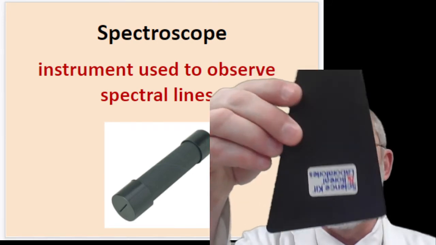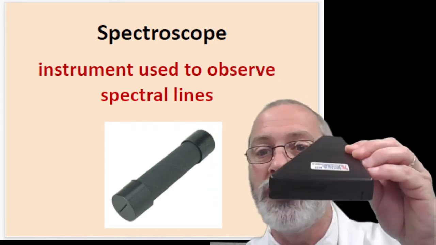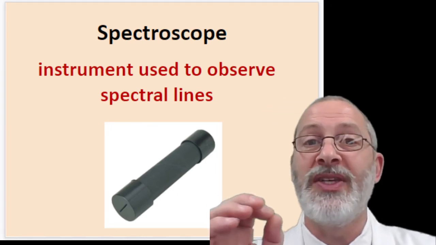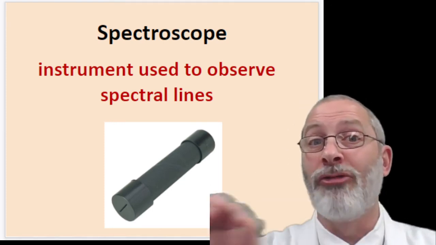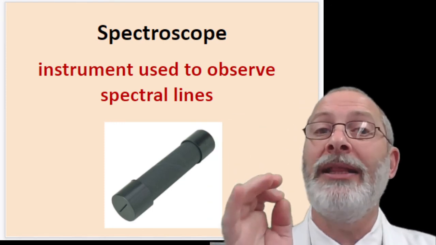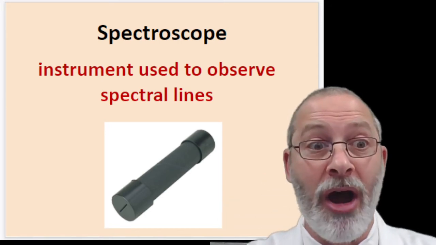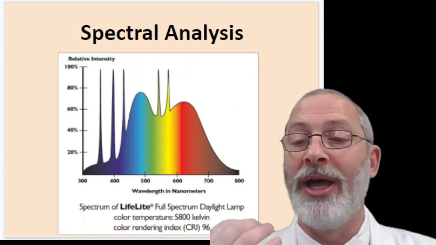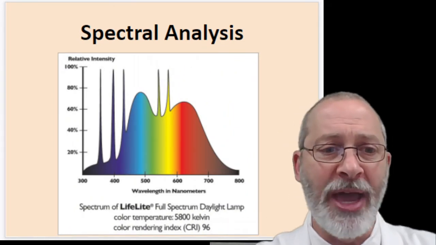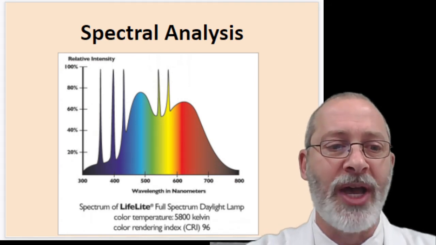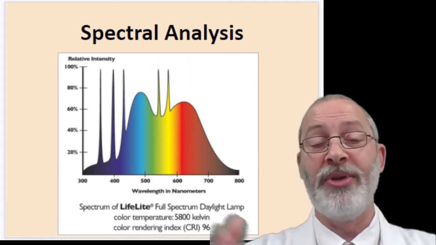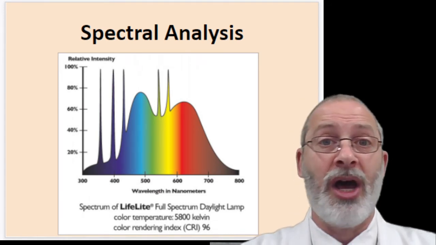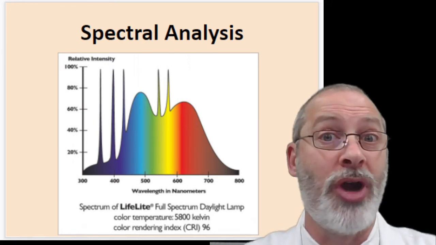Now, here's another example of a spectroscope that we will be using. And when you look inside this spectroscope, you will actually see numbers on a graph that show exactly what the wavelengths of light are that you are looking at in order to make a spectral analysis. Spectral analysis enables us to determine the composition of various things. And spectral analysis is used not just in astronomy, but it's actually used in crime scenes.